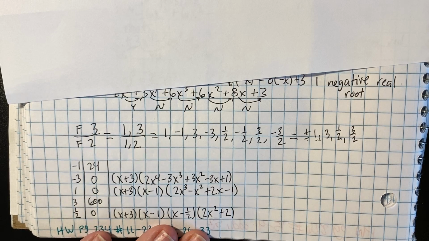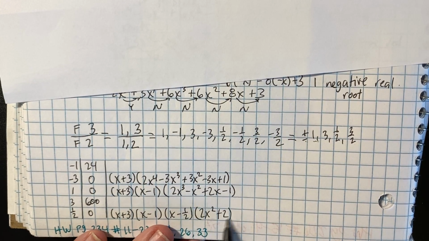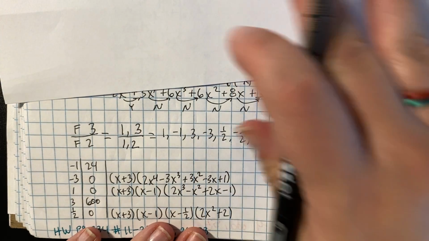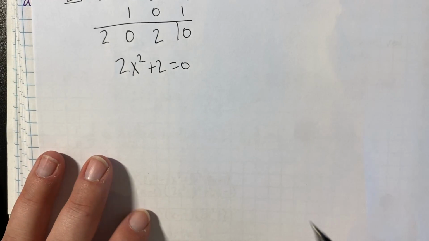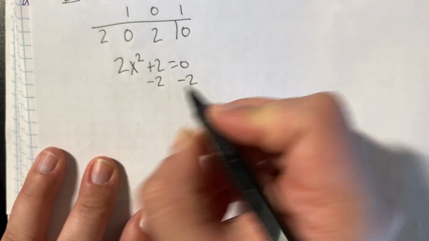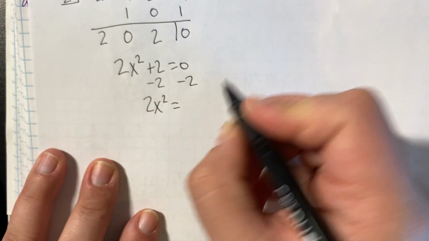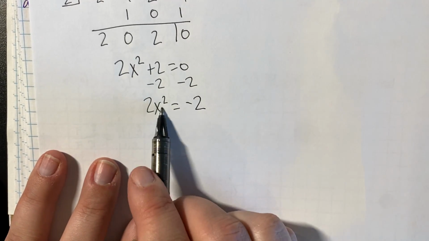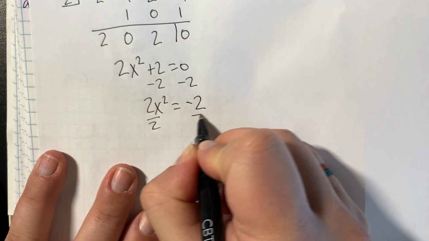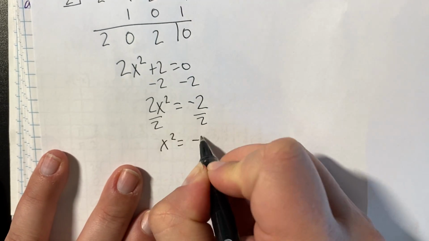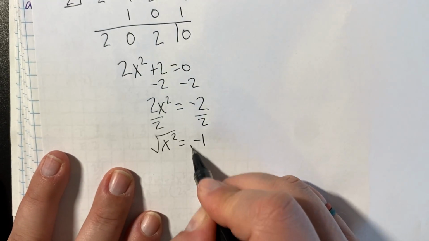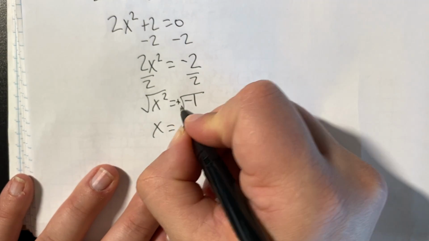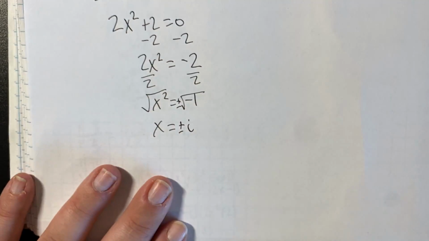So then the last thing we need to do is we can solve this. When you get to the point there's a quadratic, you could use the quadratic equation. In this example, there's no x term, so we can just solve for that. So we'll have 2x squared equals -2. At this point, we know that even if we keep solving, this is going to be an imaginary number. I can keep solving for you, but we're going to have x equals plus or minus i.